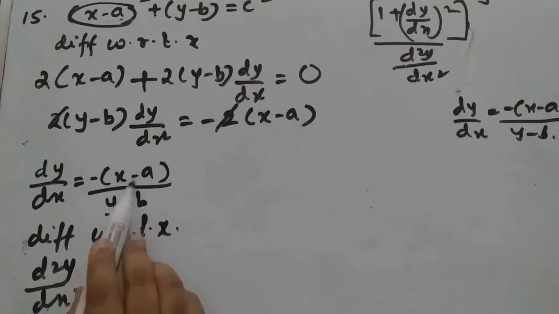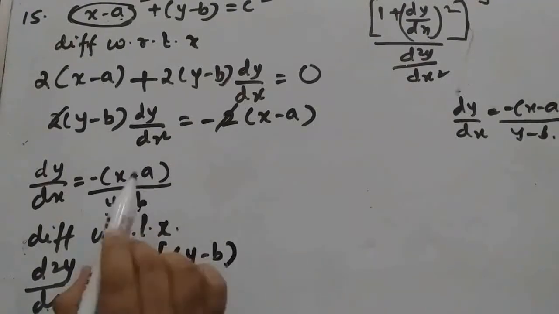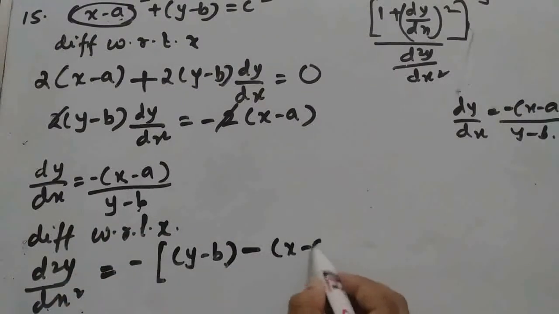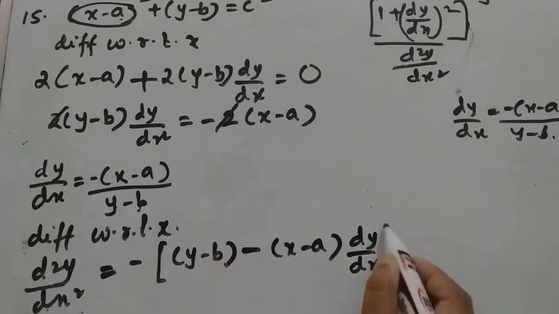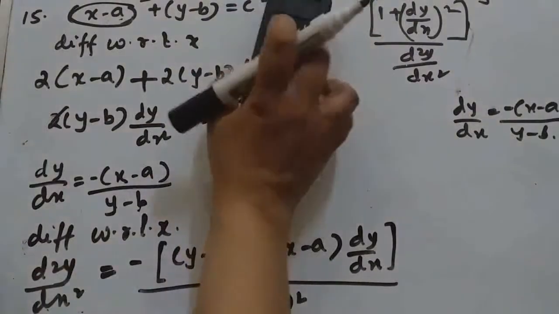Here product rule, quotient rule we can use. So minus, denominator same, derivative of numerator that is 1, minus numerator same, derivative of denominator means dy by dx, divided by denominator square. Now if you observe, dy by dx value we can substitute here.